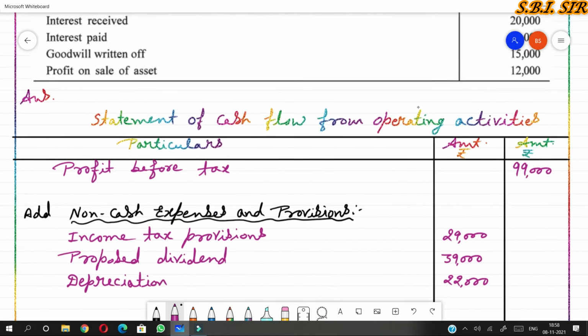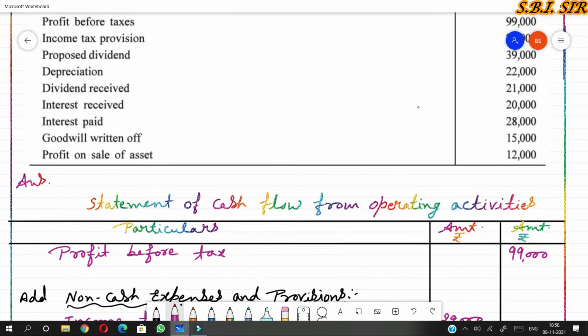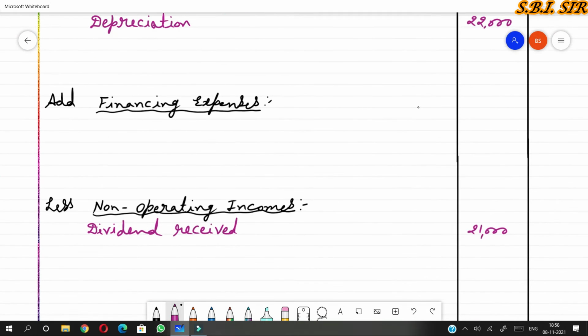Next, interest received 20,000. It is also a non-operating income. Interest received 20,000.